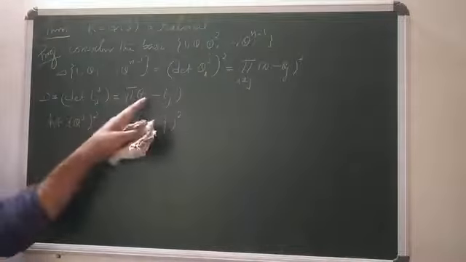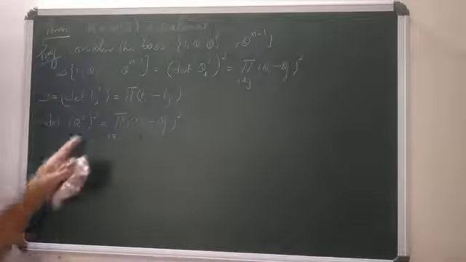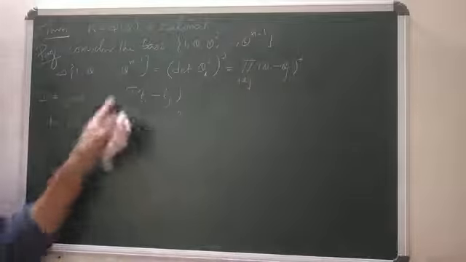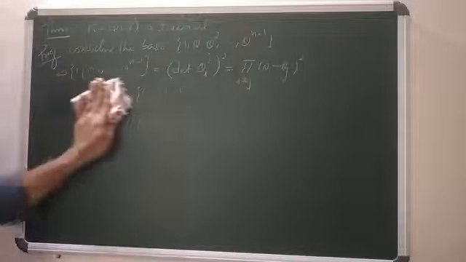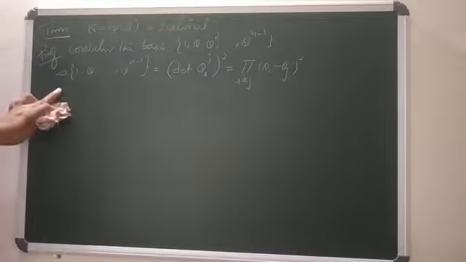Clearly this D is anti-symmetric, so D squared is always symmetric. Since D squared is symmetric, we know that delta is symmetric.